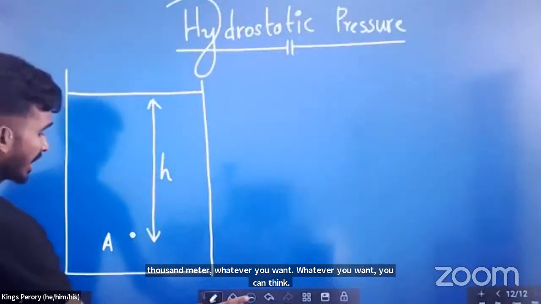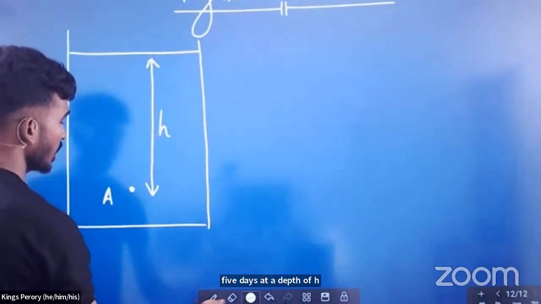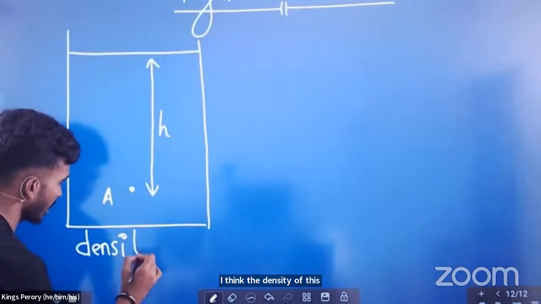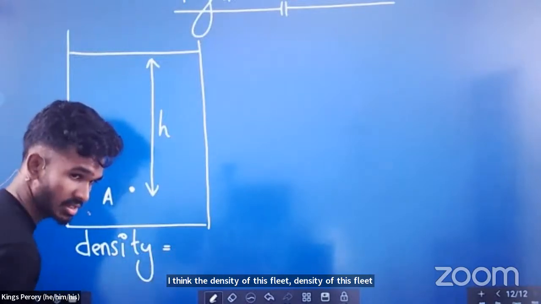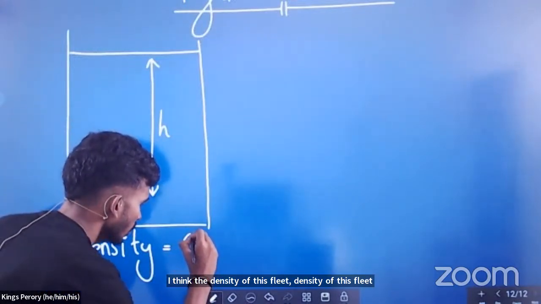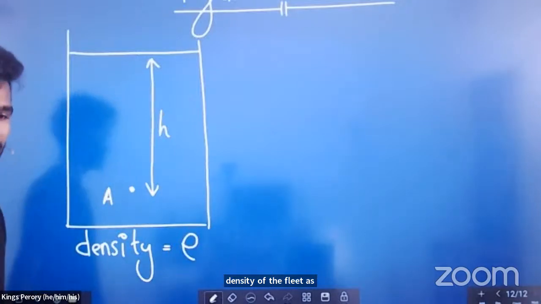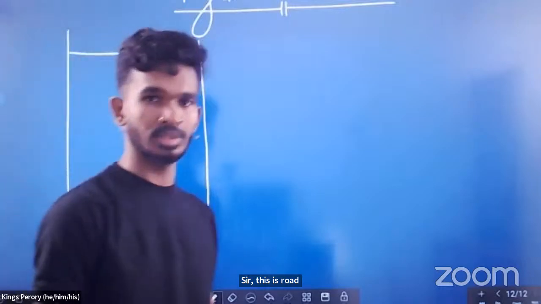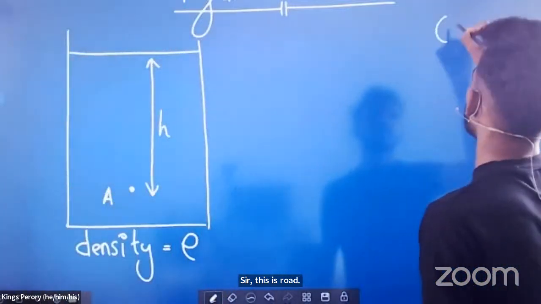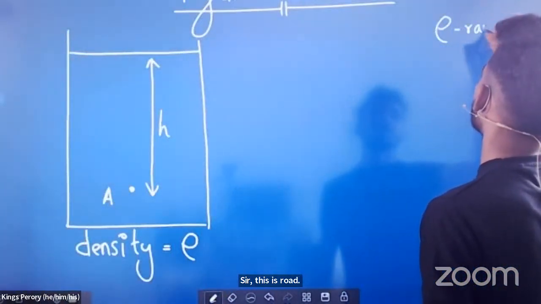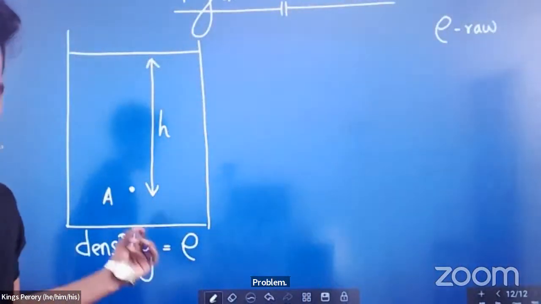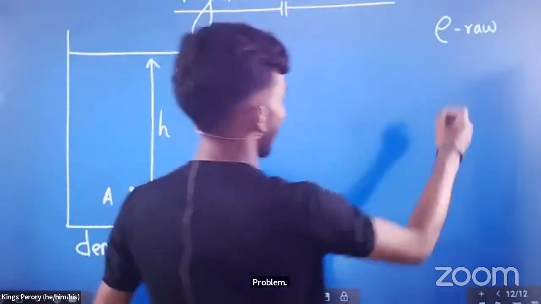I take the density of this fluid as rho. It's a Greek symbol. Rho, that's how you pronounce it. Usually density is denoted by rho.